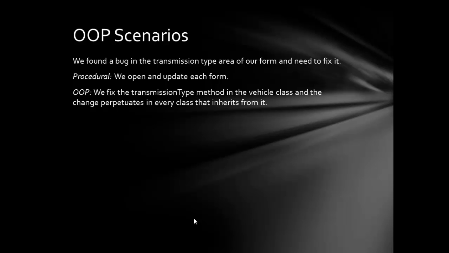In OOP, all we would have to do is fix the transmission type method in the vehicle class, and that change then, through inheritance, goes to every other subclass underneath it as it's extended. So it's much easier to maintain and keep your programming in a logical, concise, easy, maintainable fashion.